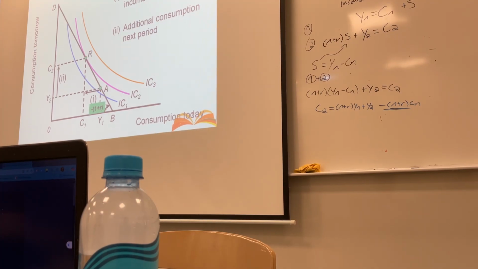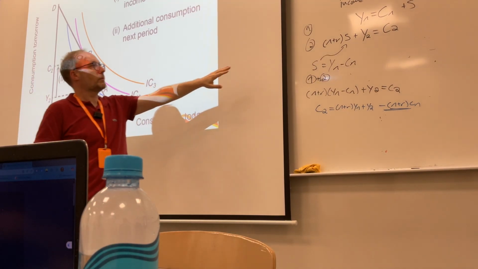Now, there's something really special going on here. The important thing is, we already know the answer, it's the derivative. It's this margin, the slope of the budget line and the slope of the indifference curve. The slope of the budget line is determined by the real interest rate.